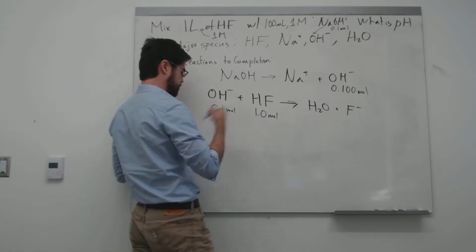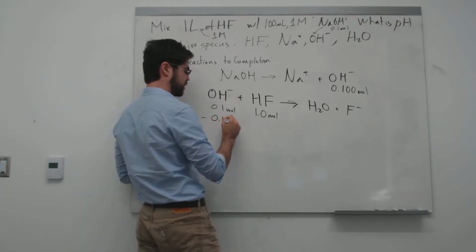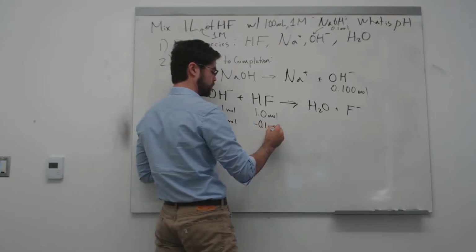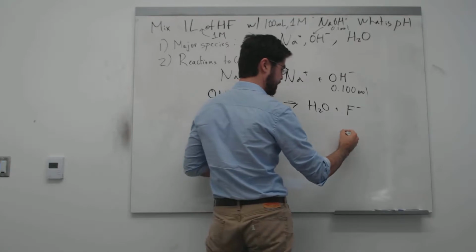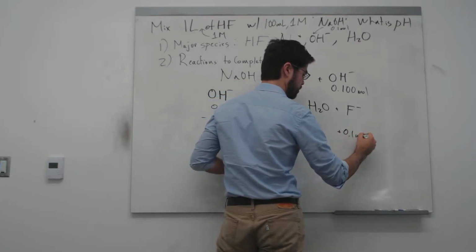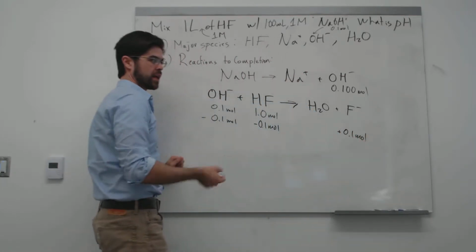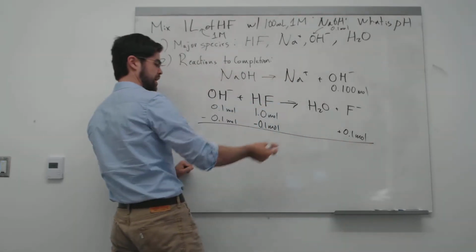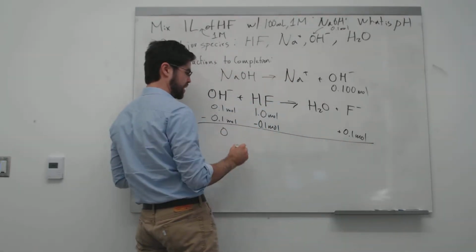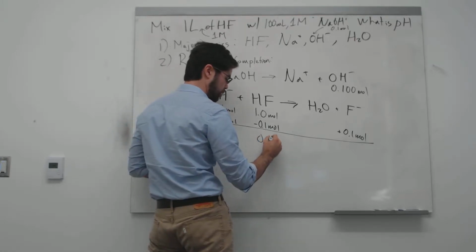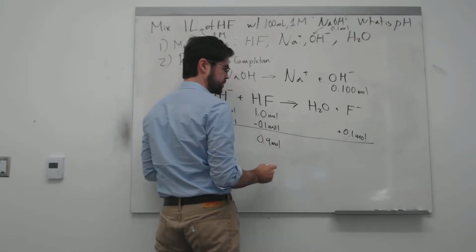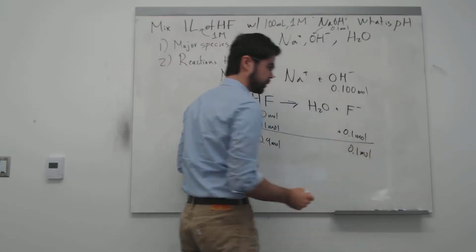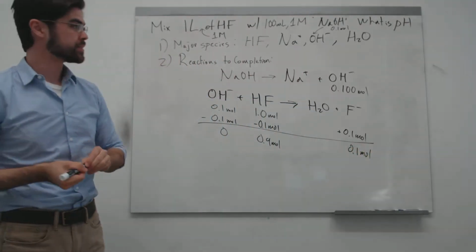I will lose all of my 0.1 moles of hydroxide, I will lose 0.1 moles of hydrofluoric acid, and I will produce 0.1 moles of fluoride ions. What I'm left with after this reaction goes to completion is no hydroxide, 0.9 moles of HF and 0.1 moles of fluoride ions.